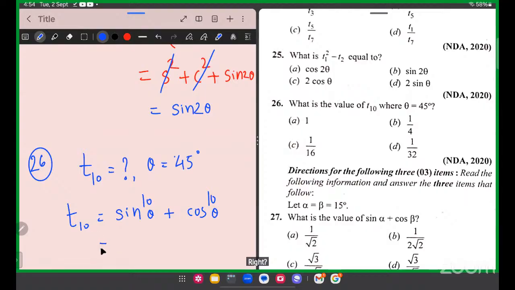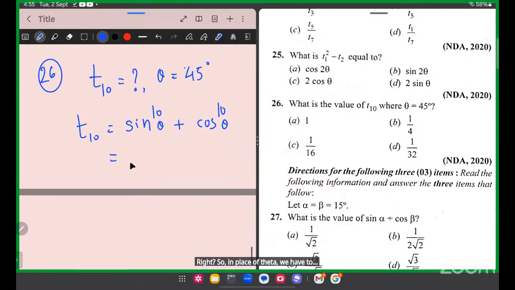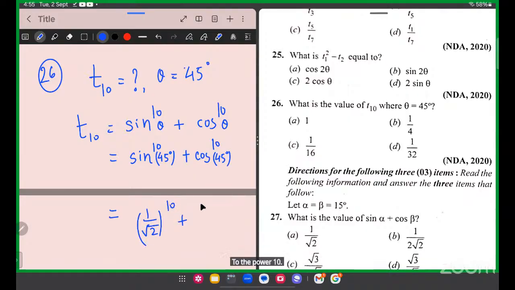So in place of theta, we have to just put 45 degrees. So it is sine raised to 10 of 45 degree plus cos raised to 10 of 45 degree. So what is sine 45? 1 by root 2 to the power 10 plus 1 by root 2 to the power 10, right?